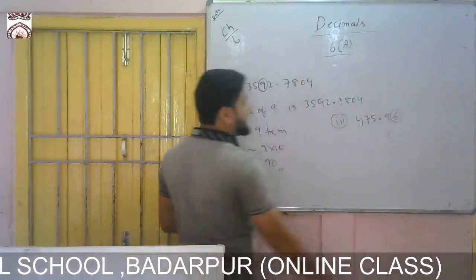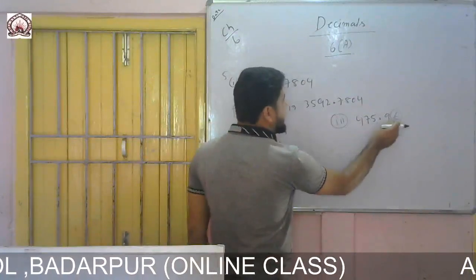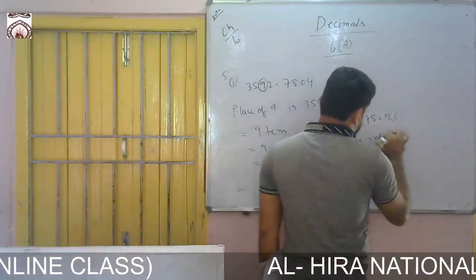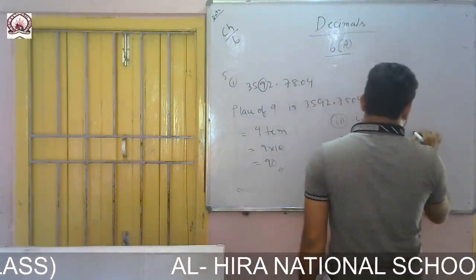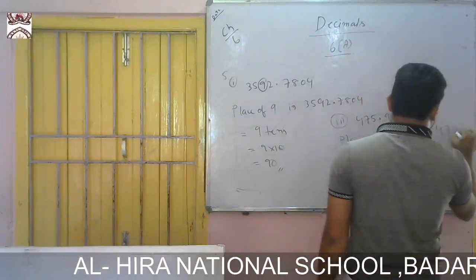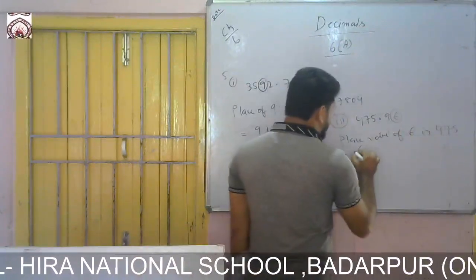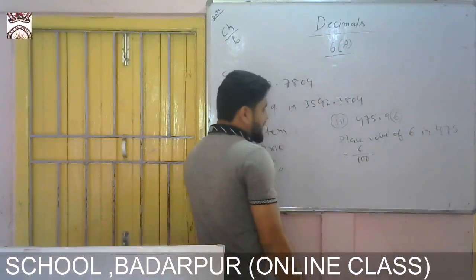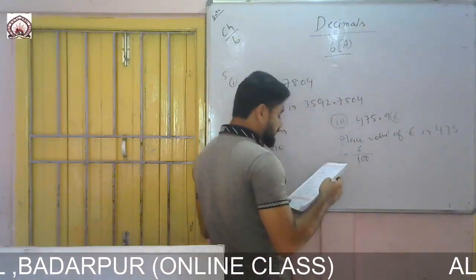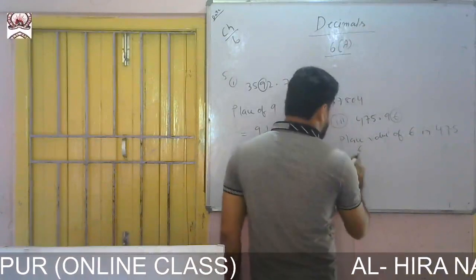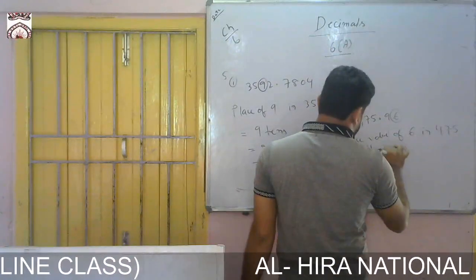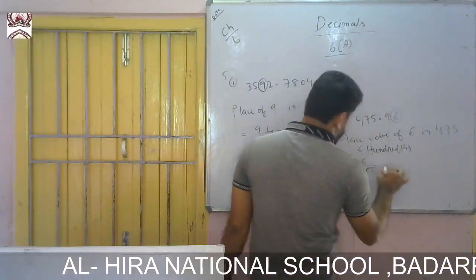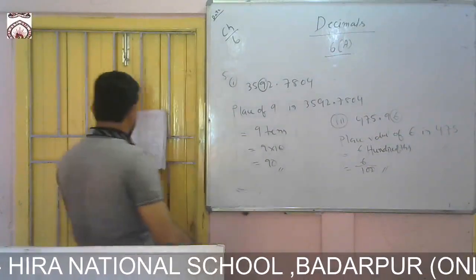Obviously, 6 is after the decimal point, that is in tenths, hundredths. So write like this, place value of 6 in 475.96 equals 6 hundredths. That is 6 by 100. Okay.